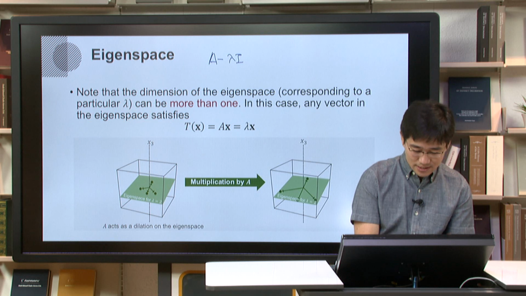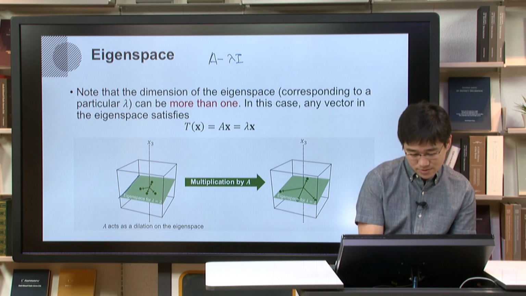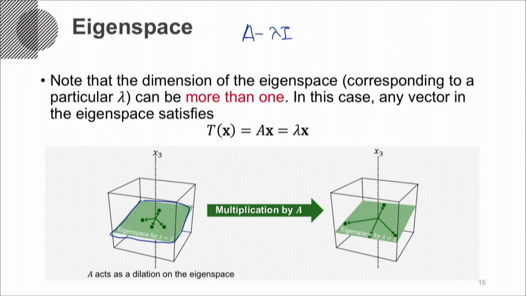So let's think about this two-dimensional eigenspace. Suppose this is our eigenspace corresponding to a particular lambda, which is 2. It will have many possible vectors contained in this subspace, and all of them are our eigenvectors that satisfy this equation equal to 0, where lambda is 2.